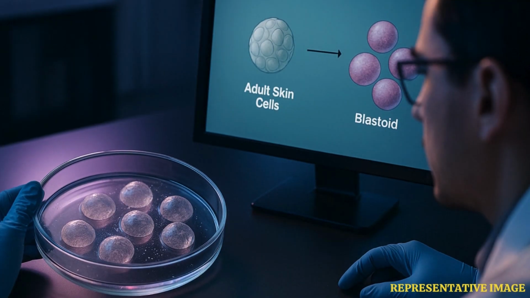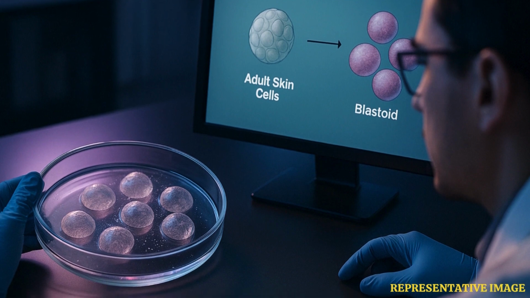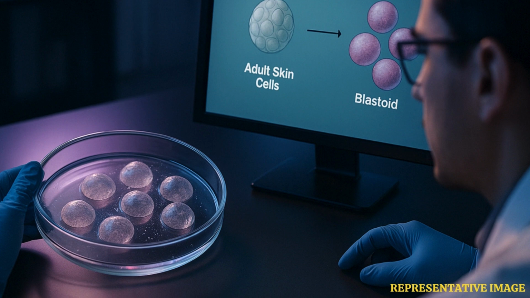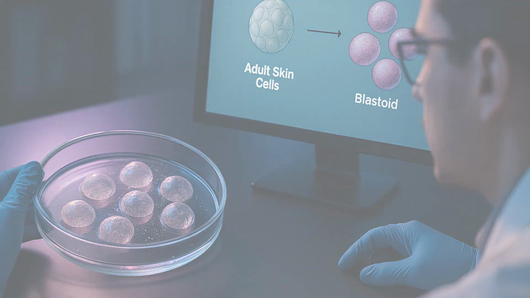Polo's team instead started with adult skin cells, but both teams ended up with effectively the same result. The cells began to organize themselves into blastoids, featuring the three key components seen in a human blastocyst. "For us, what was completely surprising was that when you put them together, they self-organize, they seem to talk to each other in some way, and they consolidate," Polo said.